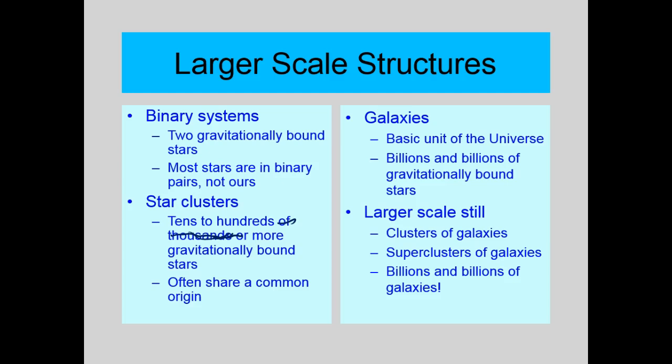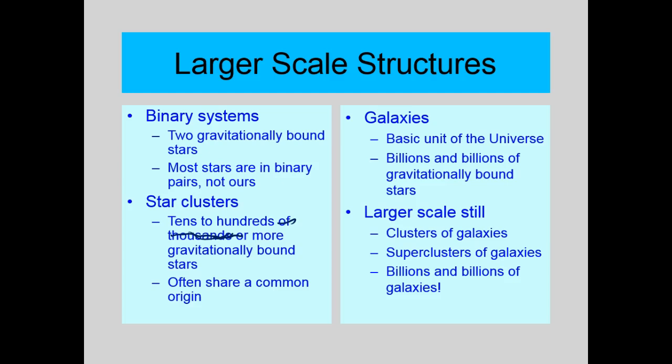Now, next beyond star clusters are galaxies. A galaxy is the basic unit of the universe. Not a star, the galaxy. What are galaxies made up of? Billions and billions of gravitationally bound stars. Now we're talking billions, not hundreds or hundreds of thousands. And guess what?